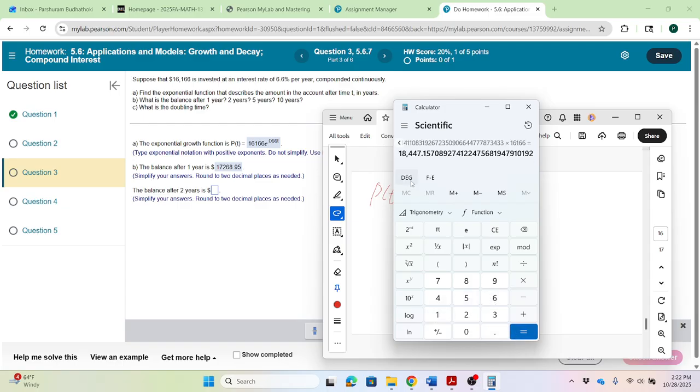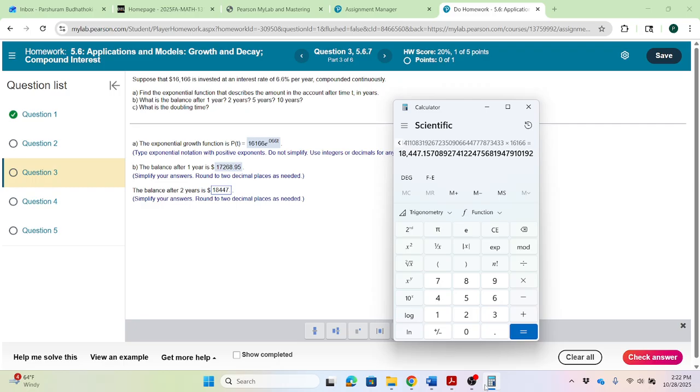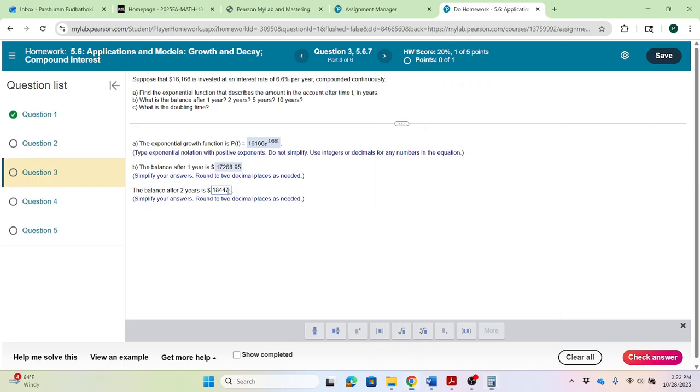That will give you the balance after 2 years, which is $18,447.16 if you round it to the 2 decimal places.